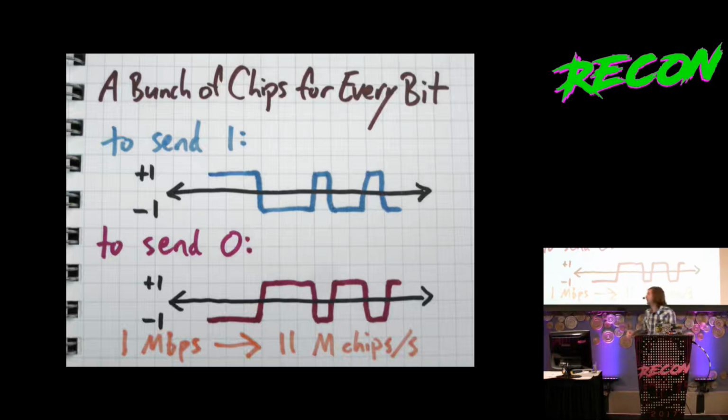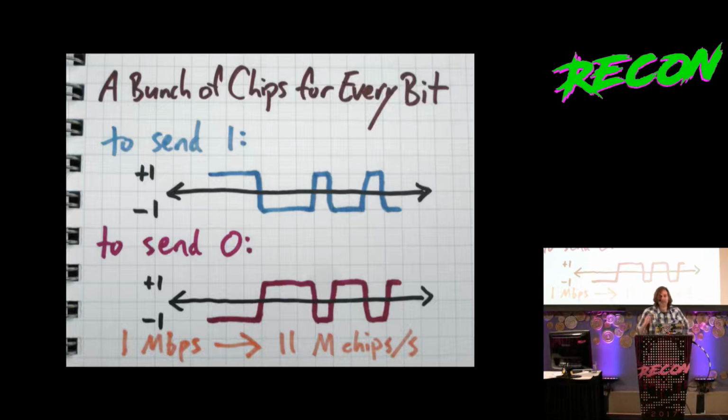Going across my graph paper here, I have a sequence of chips that's high, high, high, low, low, low, high, low, low, high, low. These 11 chips actually represent one data bit. That's a 1. And if you want to transmit a data 0, you just transmit the inverse sequence of chips: low, low, low, high, high, high, low, high, high, low, high.